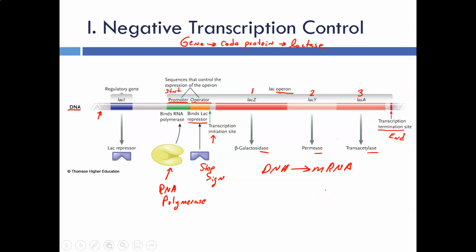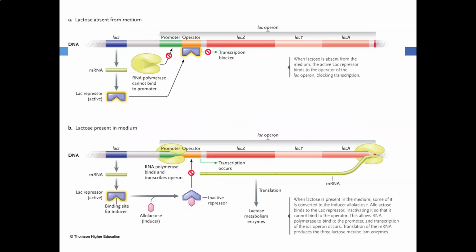Now, going through the first type of control, the first way that we control this is through what is known as negative gene control. When you take a look at this diagram, and this is the big key, there's no lactose, and again, this is milk sugar.